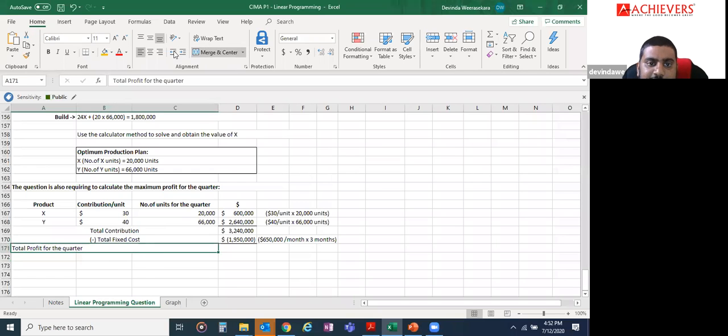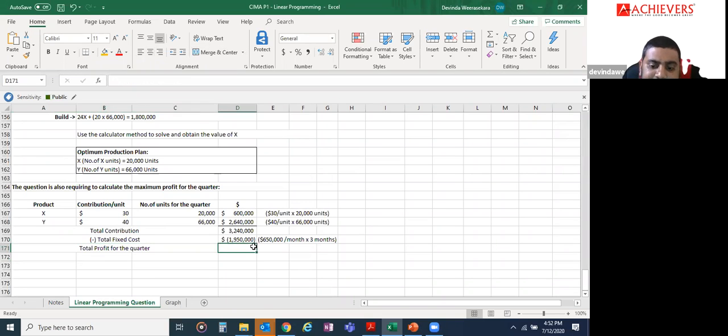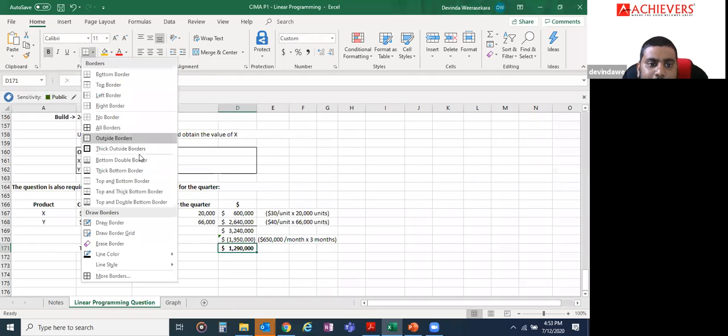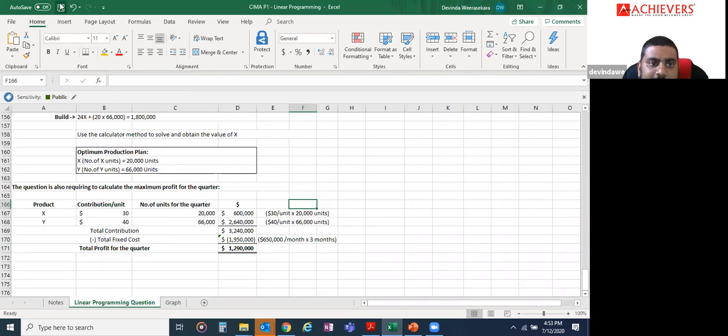Total profit for the quarter. Since it is already in minus, I will just add it. So total profit for the quarter, $1,290,000.